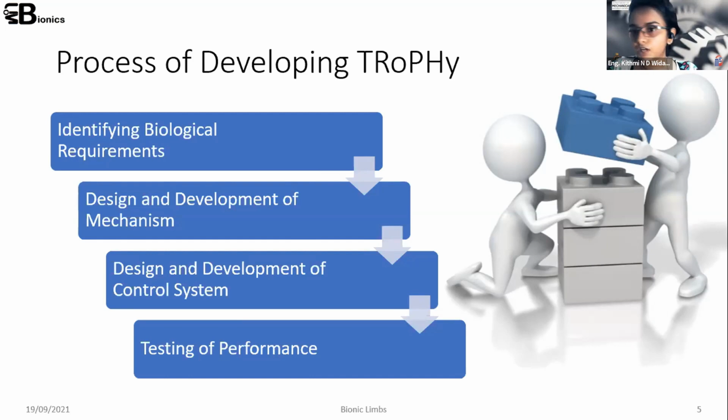We identified the biological requirements, we designed and developed the mechanism, we designed and developed the control system, and finally we tested the device for performance. So these are the basic steps in designing any prosthetic device, but the most difficult and the most time consuming step is the first step.